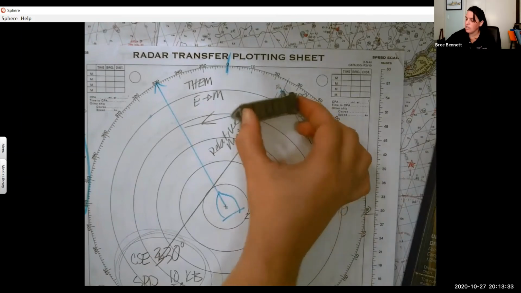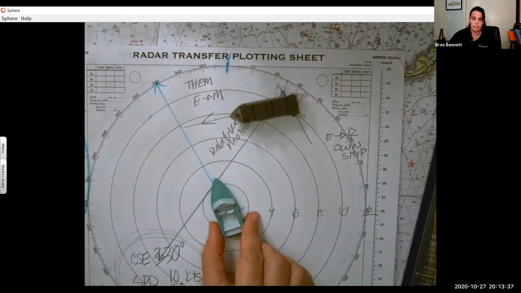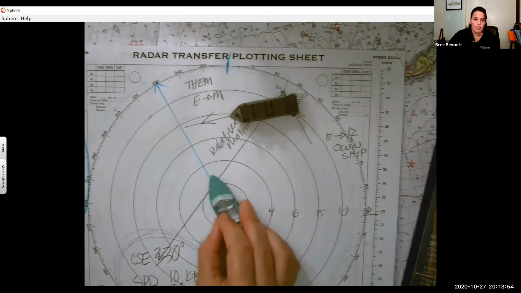So if I look at this, 2 power-driven vessels, who is give way, little speedboat or container ship, and who is stand on? Okay, who votes that I'm a little speedboat here?